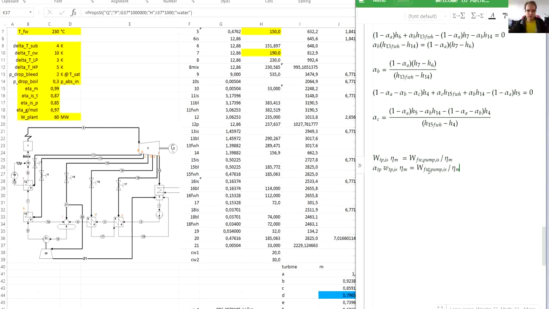So we can actually now implement this into our model.